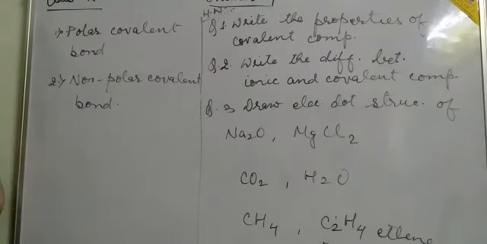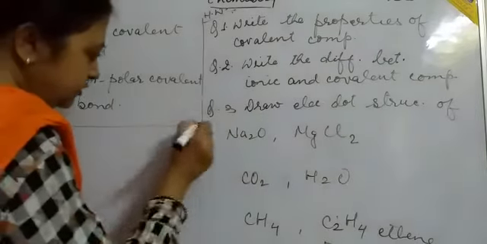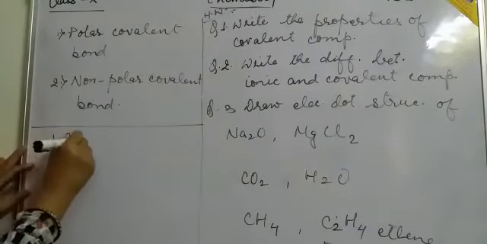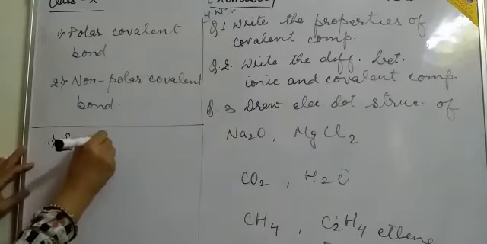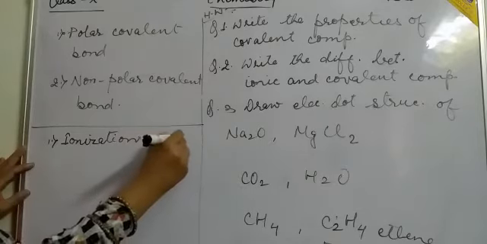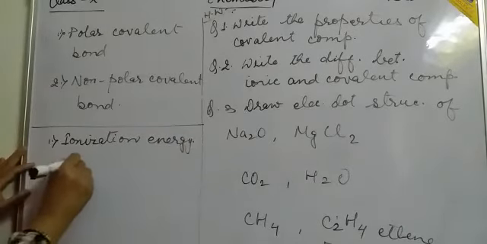So you must understand first what electronegativity is. To understand electronegativity, there are three terms I want to explain here. First is ionization energy. Second is electron affinity.